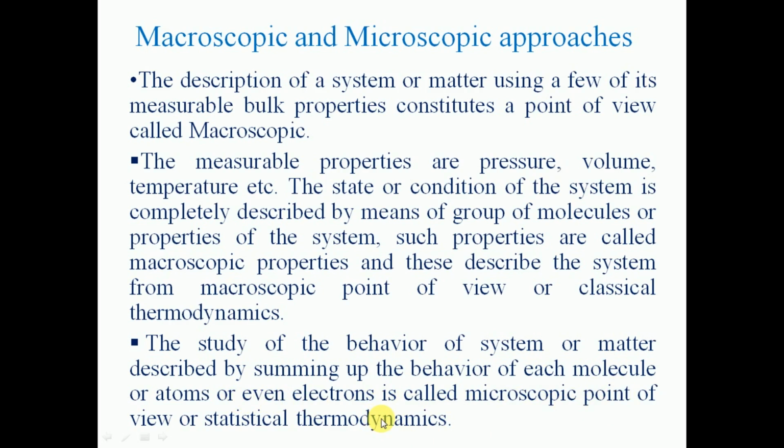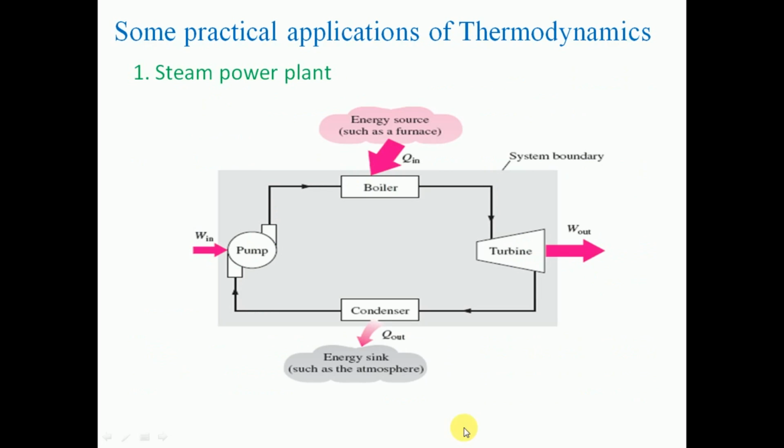In this one, the behavior of each molecule or atom, or sometimes electrons, is considered while studying, and the total behavior of the system is obtained by summing up the behavior of each molecule. This approach is called the microscopic approach or microscopic point of view, also called statistical thermodynamics.